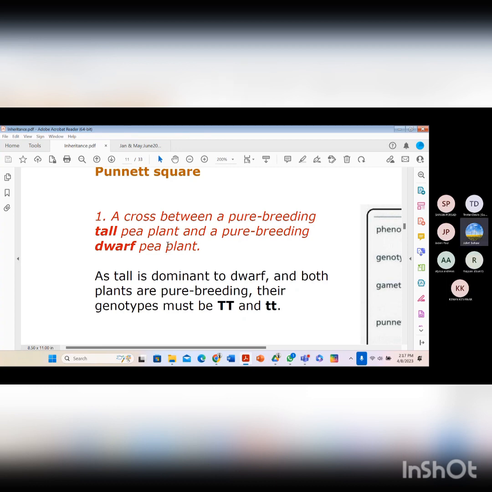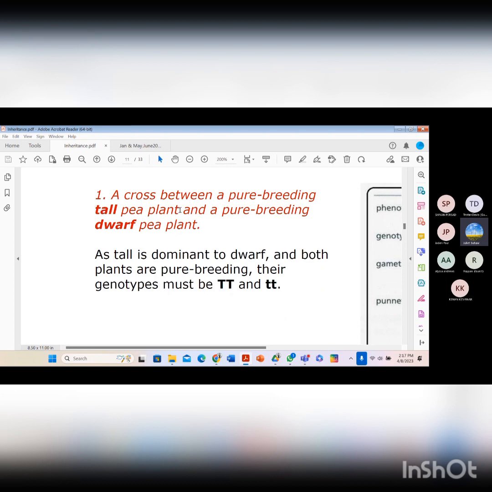Okay. So here we are seeing tall, the characteristic is basically what they are looking at is the height of the plant. As for tall, they are using the capital T for tall, and for dwarf, meaning short, you're using small t.